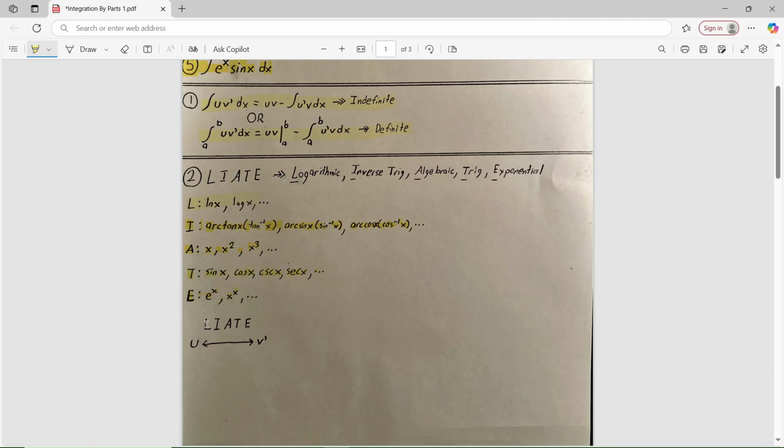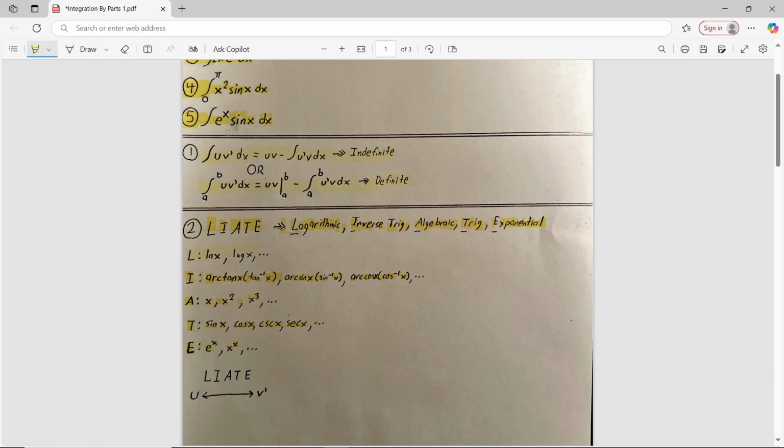When we are using LIATE, when we look at the 2 functions multiplied together, we choose the one closest to the L to be the u, the one closest to the E to be the v prime.